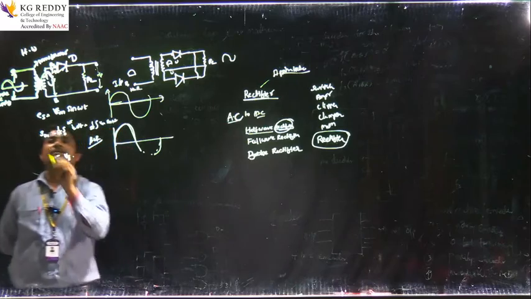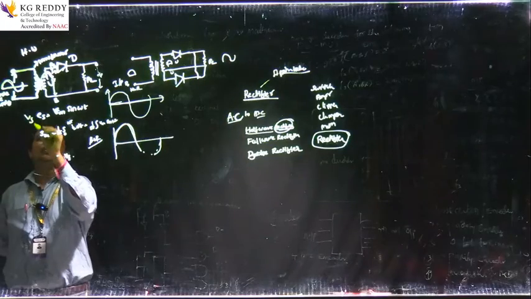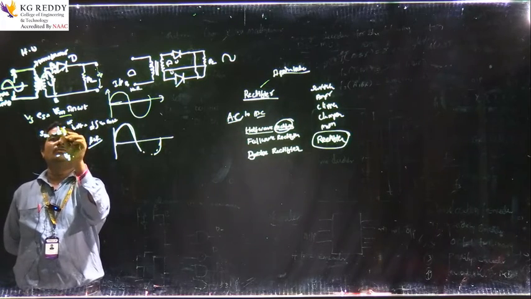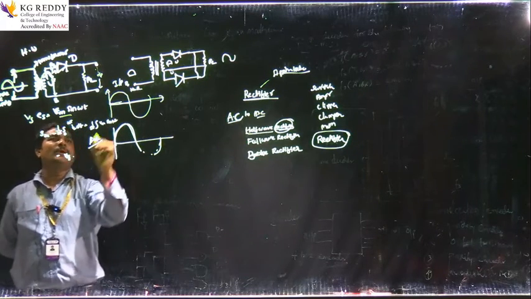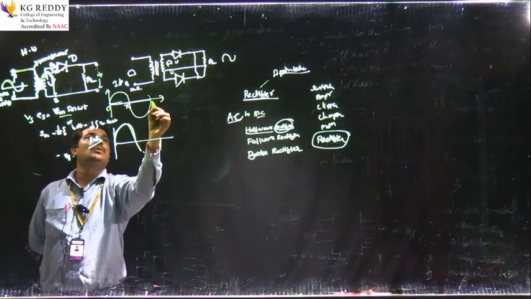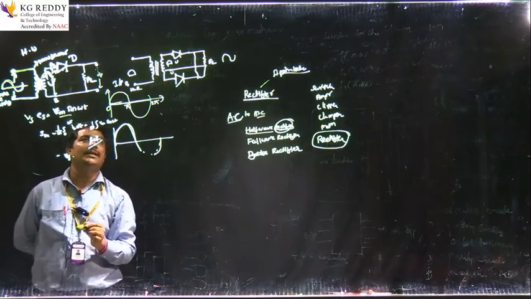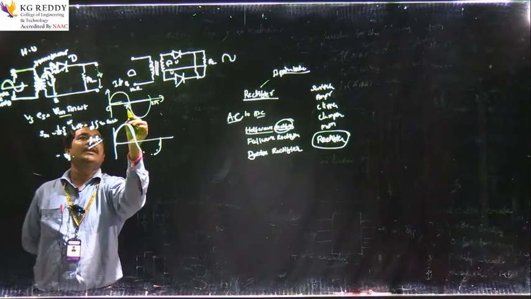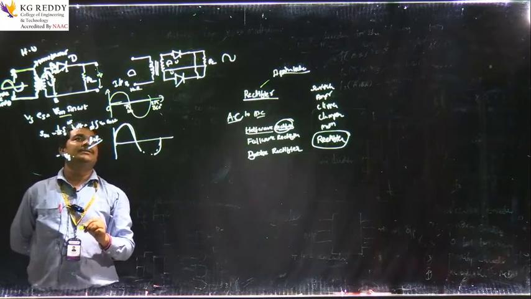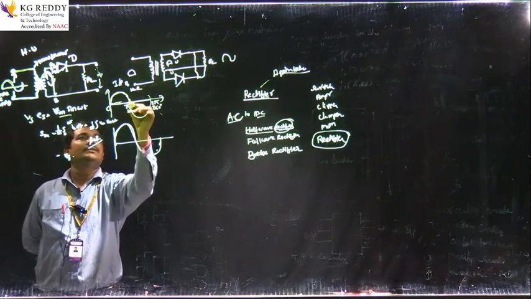I will explain: Vs equal to Vm sin omega t, IDC equal to 1 by 2 pi. Why 2 pi? Because this is the complete cycle: 0, pi, 2 pi. 2 pi means 360 degrees. 0 to pi is 180 degrees, which is the half cycle, and 360 degrees is the complete cycle.